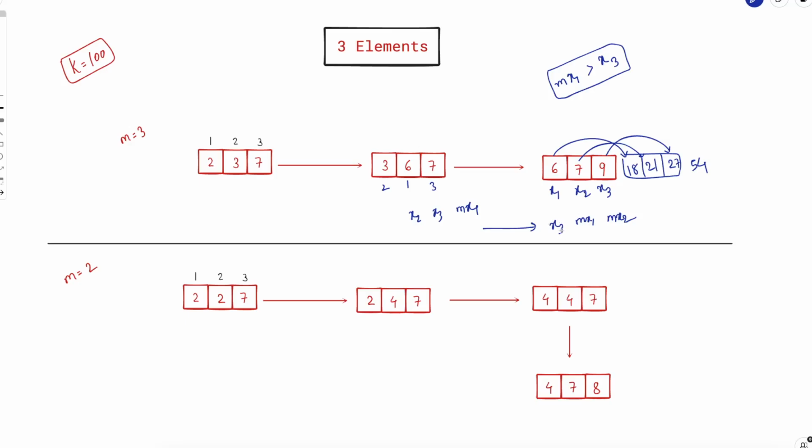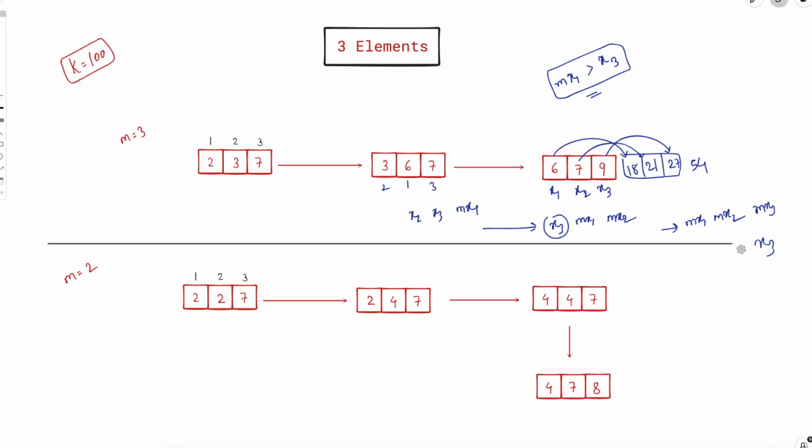Now at this state, you will again apply the operation on x3. So at this state, this will become mx1, mx2 and mx3. Now at this state, you will apply the operation on mx1, and if this goes after this, then you know that it will be repeating. So basically what you need to prove is whether m square x1 is greater than mx3 or not. If it is, then I'm sure it will be repeating. And can you prove it from this one? Yes, simply multiply m on both sides, and this is what you will get.